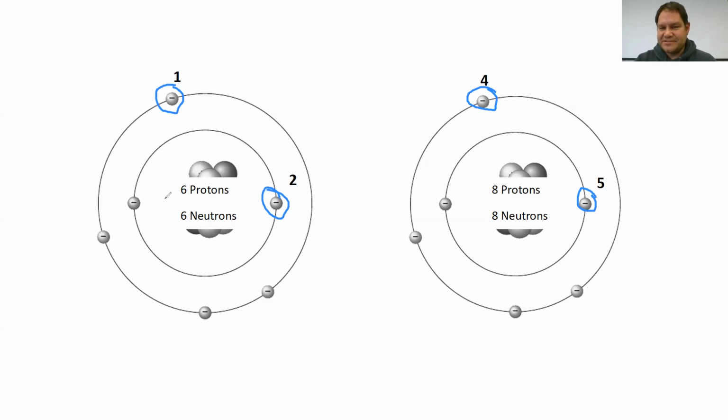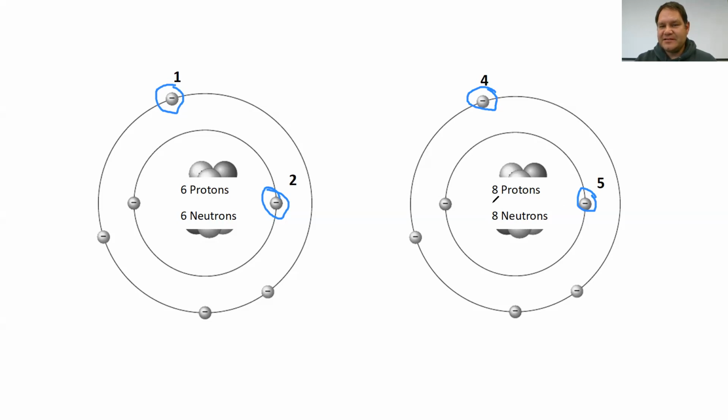Comparing these two atoms, between electron 2 and electron 5, which one of those two electrons is more attracted to its own nucleus? Okay, think about that. If you said electron 5, you would be correct.